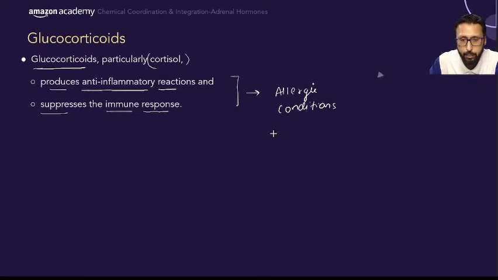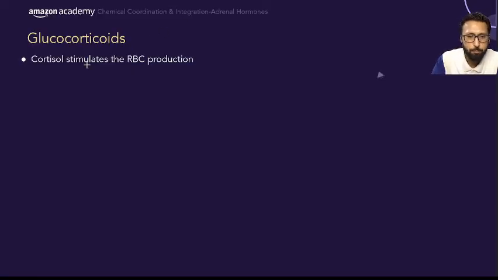In those allergic conditions we can give glucocorticoids because they reduce the inflammation in the body. Inflammation is produced mainly by histamine and serotonin, so they act antagonistically to those chemicals, reduce the inflammation, and also suppress the immune response. Now cortisol also stimulates RBC formation, which is known as erythropoiesis.